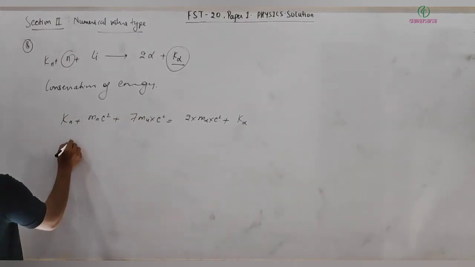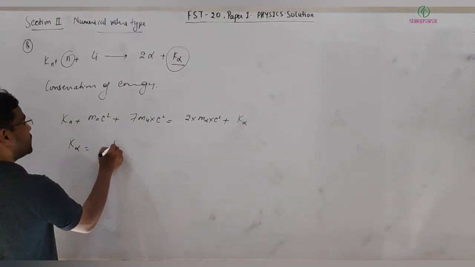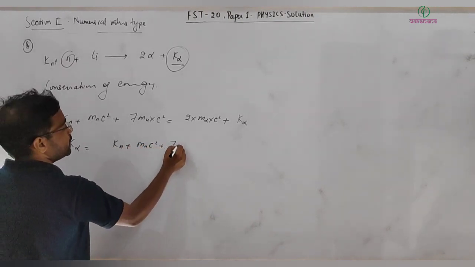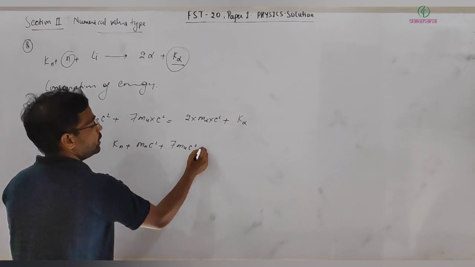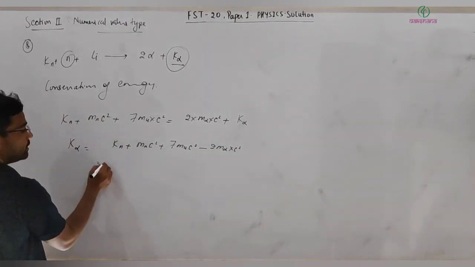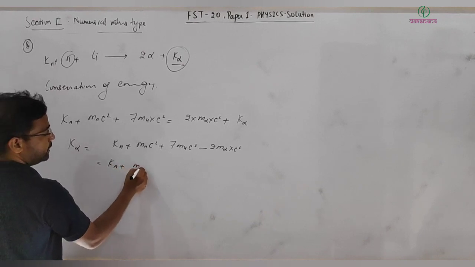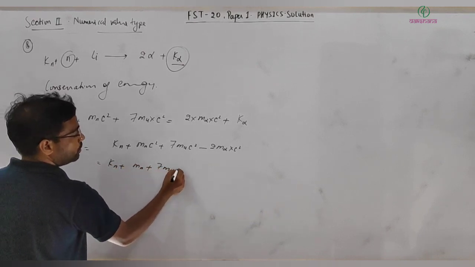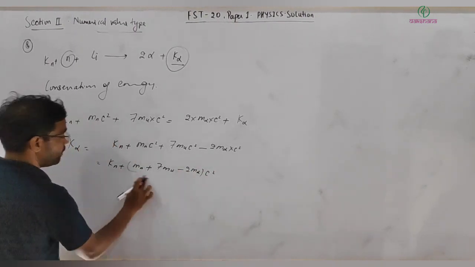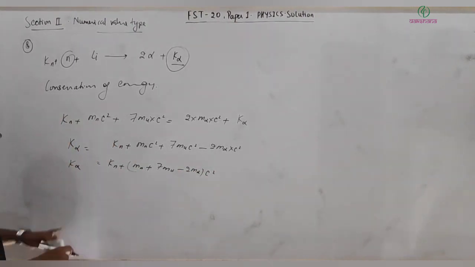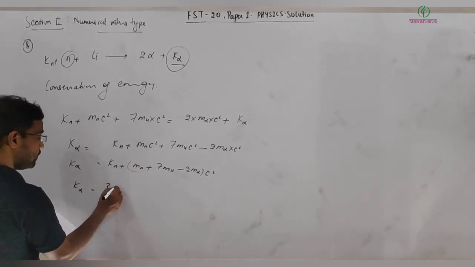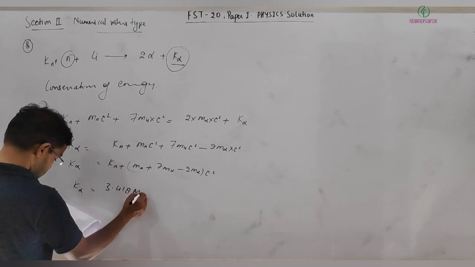So then you can simply write K alpha is equal to K neutron plus m neutron c square plus 7 mu c square minus 2 m alpha c square, that is K n plus m neutron plus 7 mu minus 2 m alpha, whole multiplied by c square. Now everything is given to you, just substitute the values and solving, we get K alpha coming out to be 3.418 MeV.